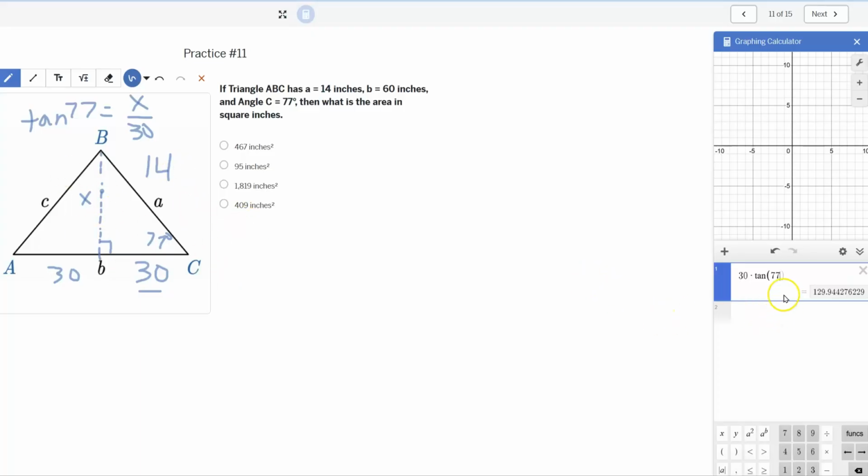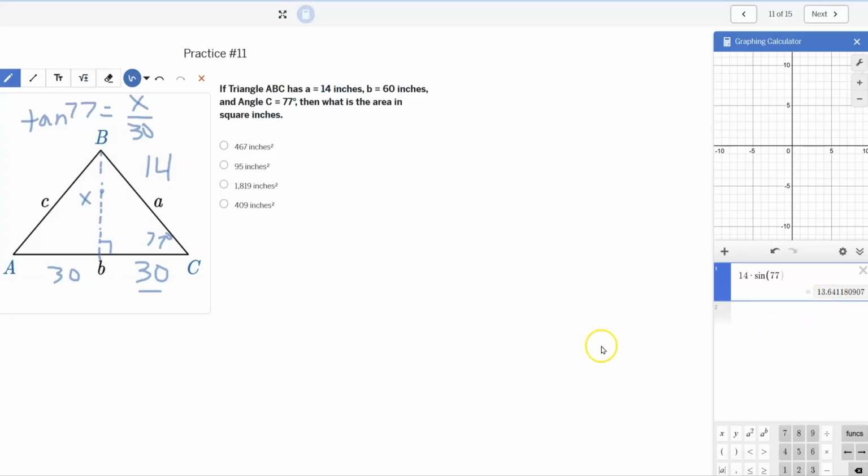So maybe we should try the sine function on this one instead. Let's try the sine, because it'd be opposite over hypotenuse, and 14. There we go. So that one wouldn't work with how we measured that out, but we could with the hypotenuse. So 14 times the sine of 77, and we get 13.64. So that is our height.